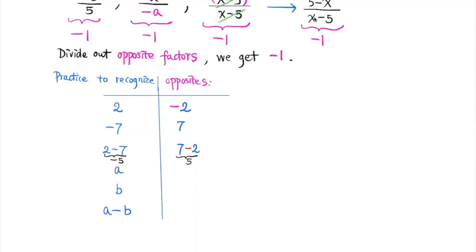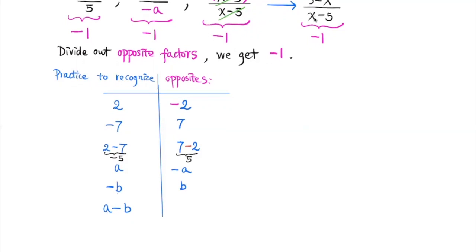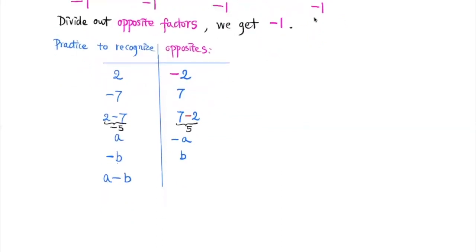Now similarly, the opposite of A is -A. The opposite of -B is +B. So A minus B and B minus A are opposites, just like 2 minus 7 and 7 minus 2.